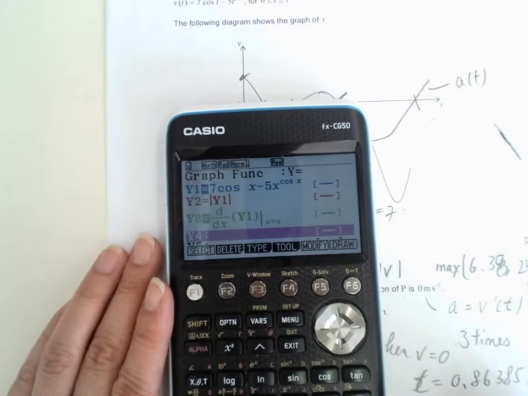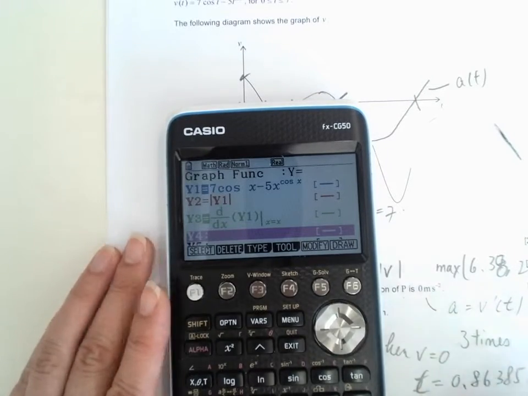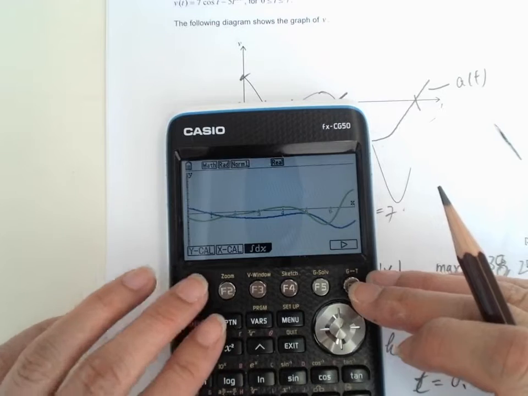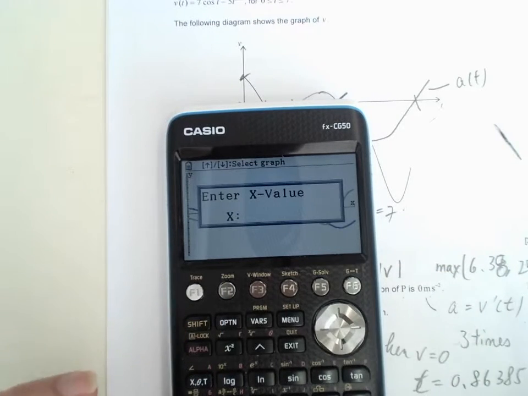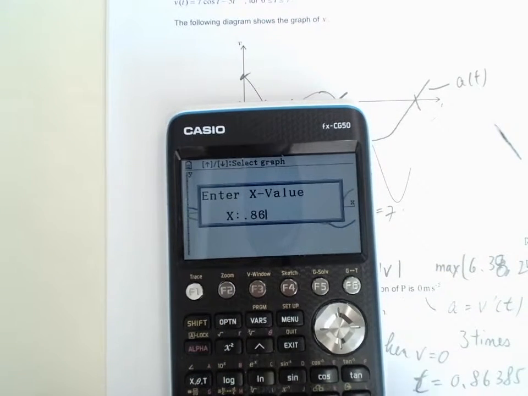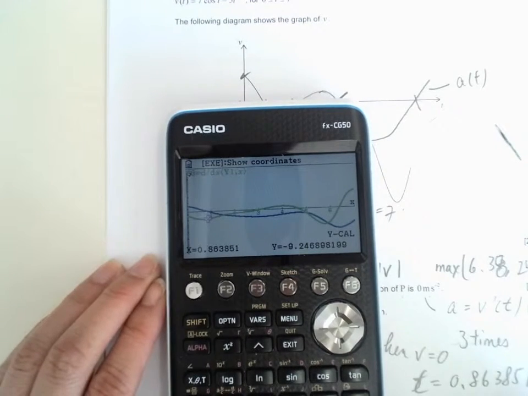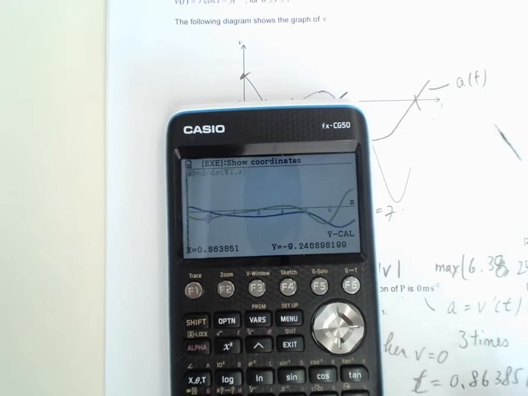And then now put it back into a. At 0.86381, G-Solve y-cal, this is the green one this time. I want it at 0.86381. So it's negative 9.2425 there.